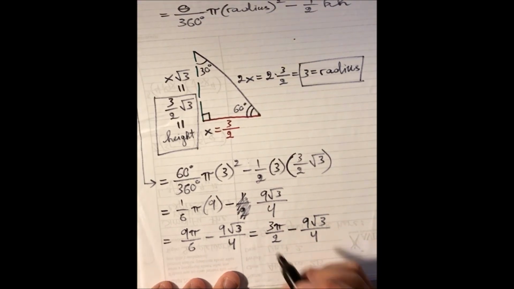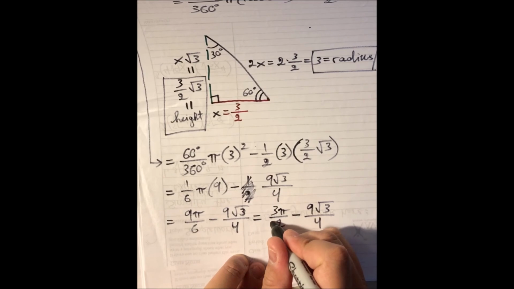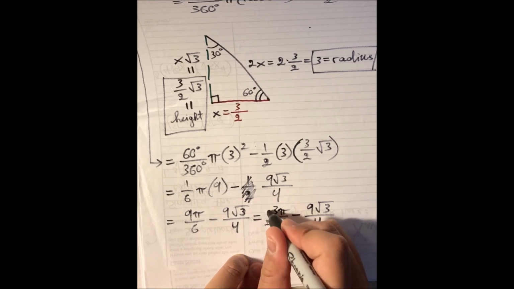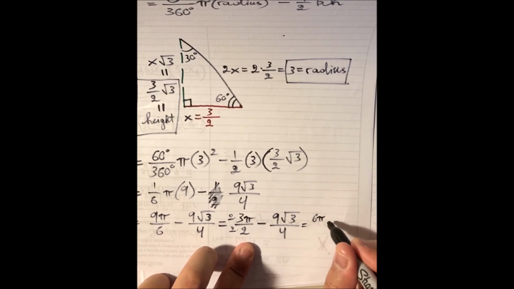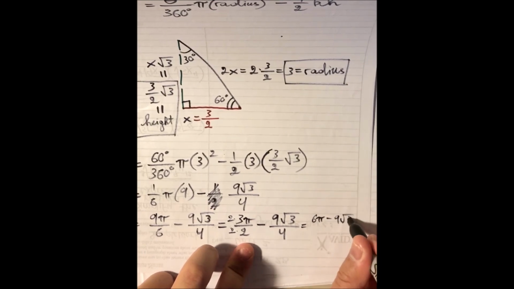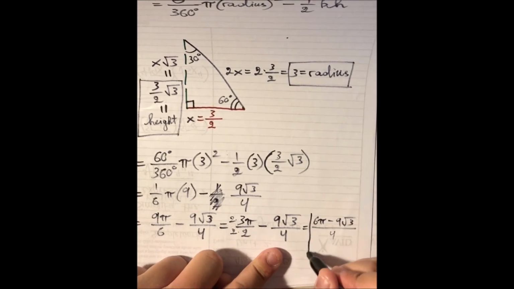But if you want to find a common denominator, the smaller denominator is a factor of the larger one. So we can convert this 2 into the 4 by multiplying it by 2 and multiplying the numerator by 2. We have 6 pi minus 9 times square root of 3 over the common denominator 4. And this is going to be the answer.